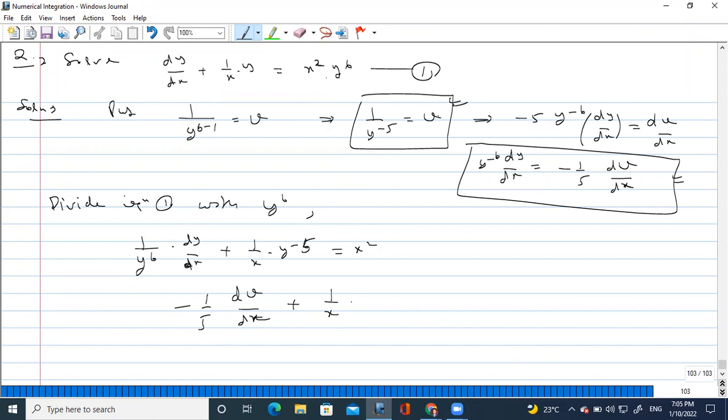This I can replace by v, so simply you can replace it by v, equal to x square. So this equation has now become what we require: dv by dx plus 5 by x v is equal to minus 5 x square. Okay, so this is the linear differential equation.